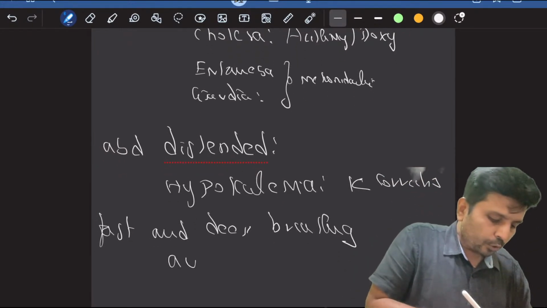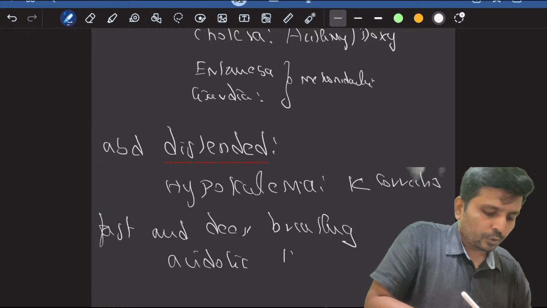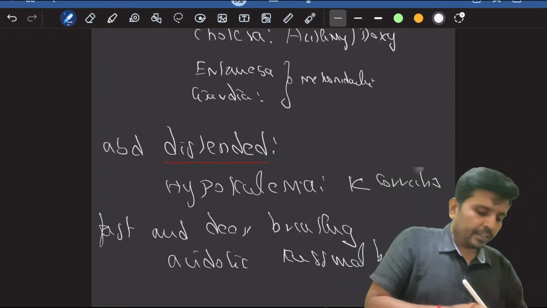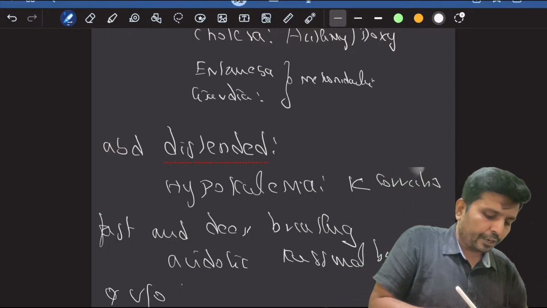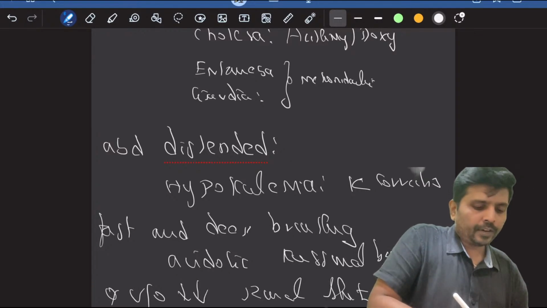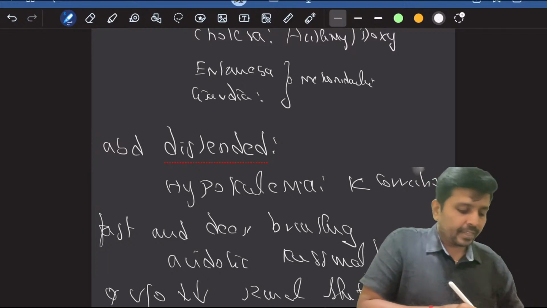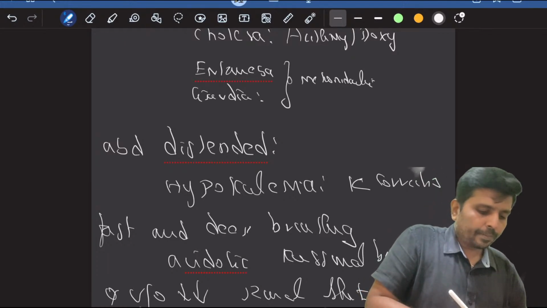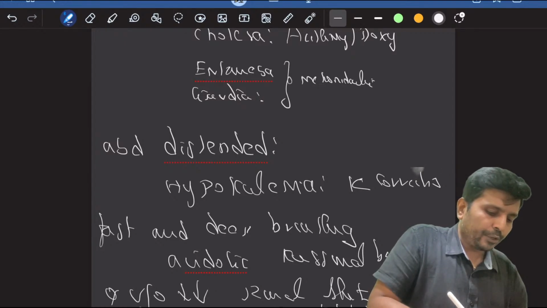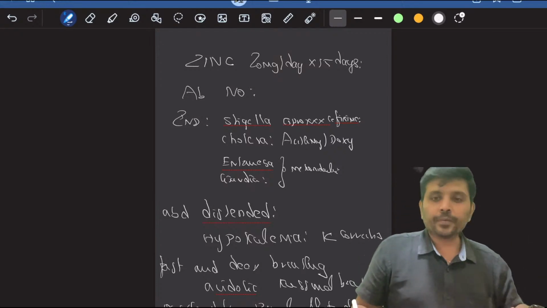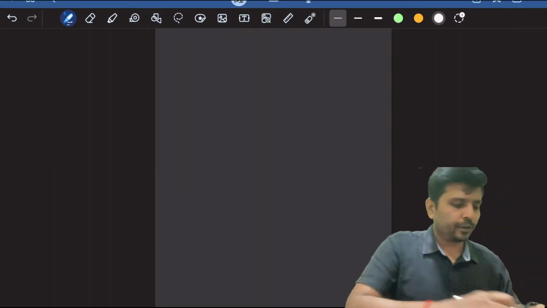It means acidotic breathing, otherwise known as Kussmaul breathing. Very, very important. When the urine output is reduced, it means renal shutdown. When the child develops cool peripheries, it means cardiac output is reduced.